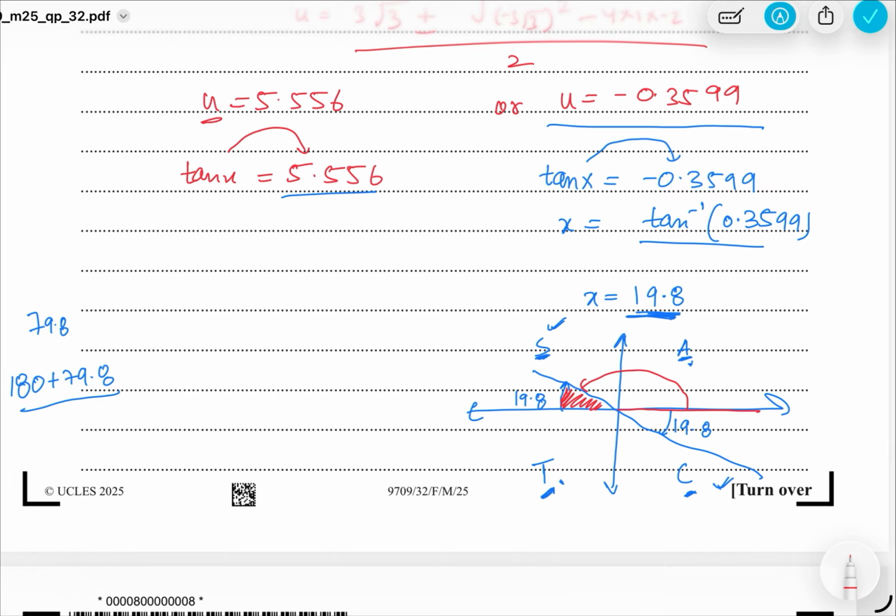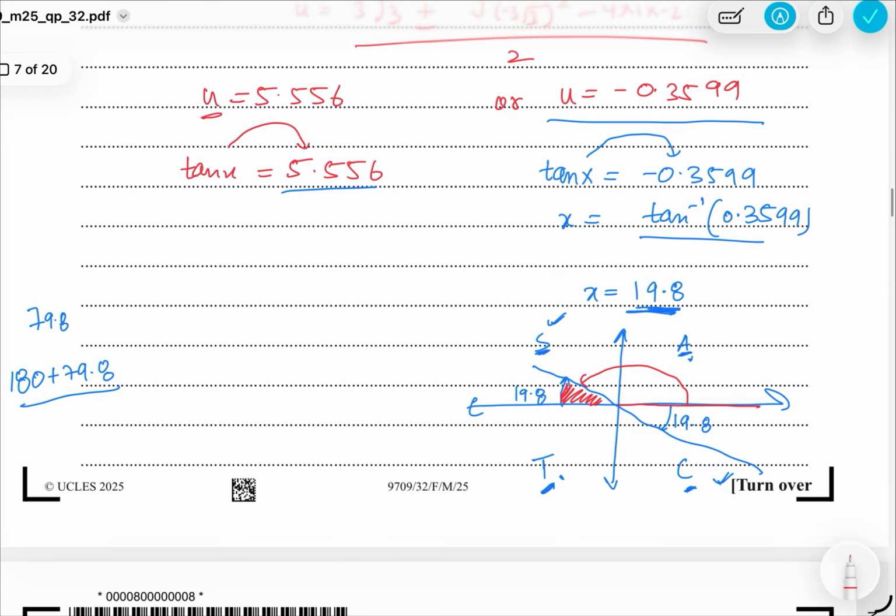Can you see it or not? So 180 minus 19.8, which would give us 160.2. Now measure from here. We are measuring clockwise direction. In clockwise direction, second answer would be minus 19.8. So we got our four answers, this and this.